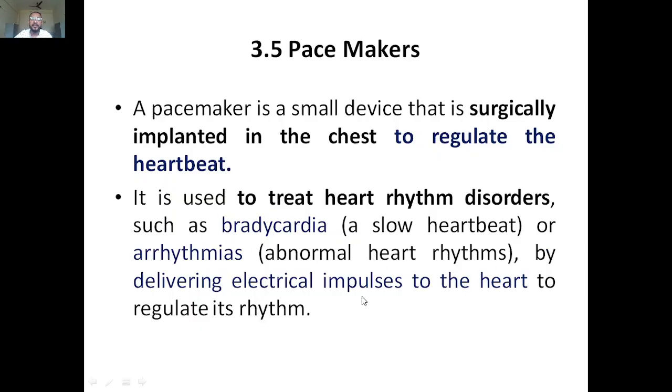How are we going to treat these heart rhythm disorders? By delivering electrical impulses to the heart to regulate its rhythm. So the heart rhythm can be regulated with the help of a pacemaker.